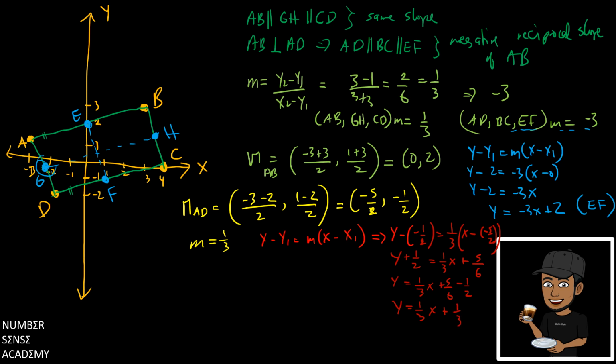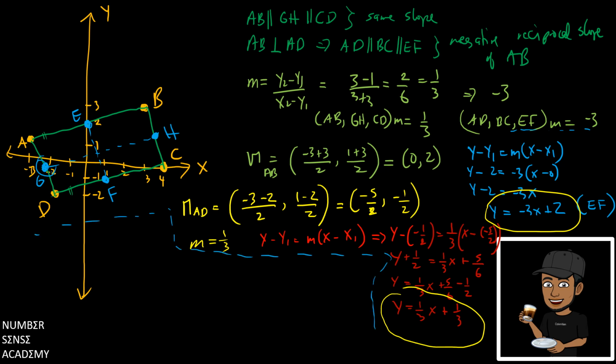So now I have these two equations, and I need to find where they intersect. I'm going to find it the hard way first, and then I'm going to do it the easy way after.